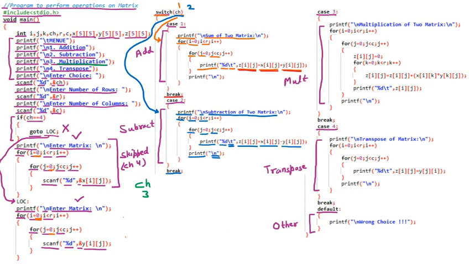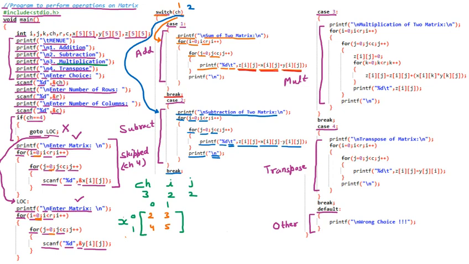Obviously it will take the two matrices, and we have taken I and J as 2 and 2. So it is going to ask for the two matrices. One is X, so X will be one matrix, and the other matrix will be Y. In X we have 0 and 1 columns, 0 and 1 rows. Let us suppose their values are 2, 3, 4, 5.